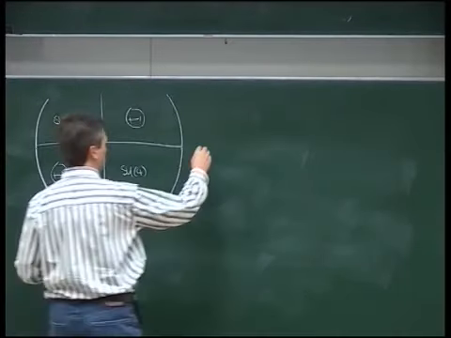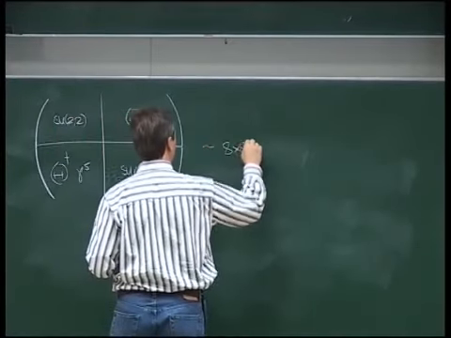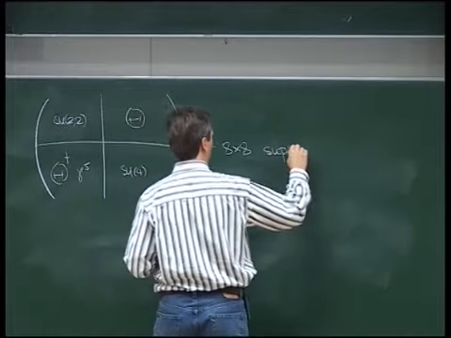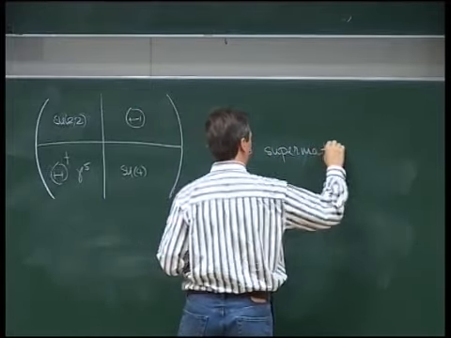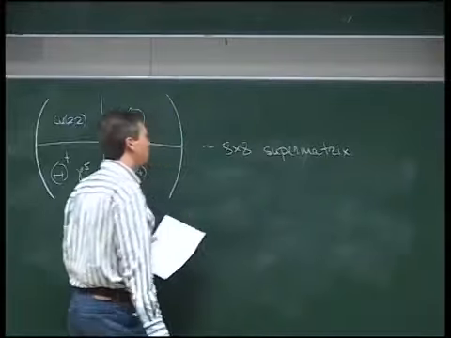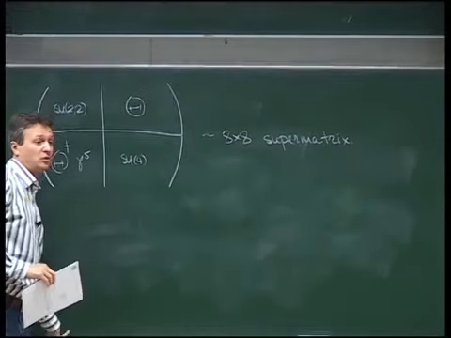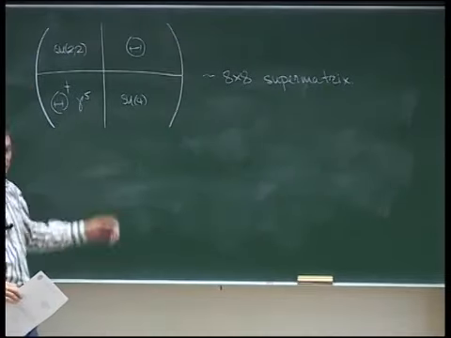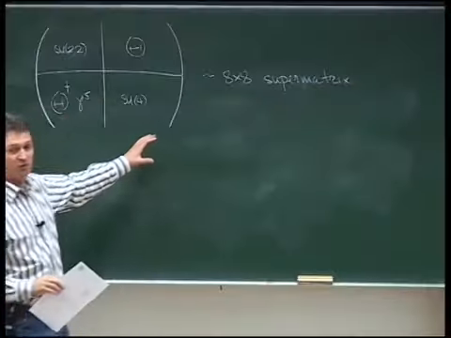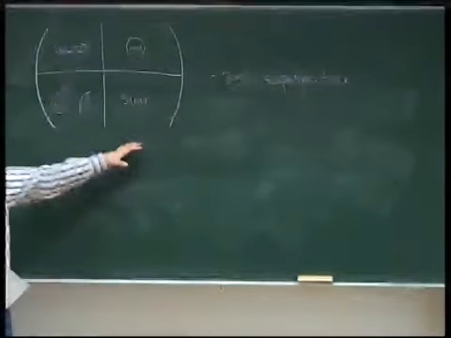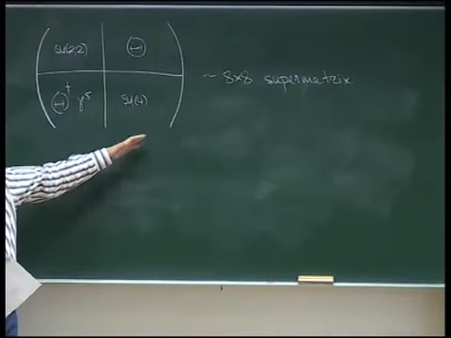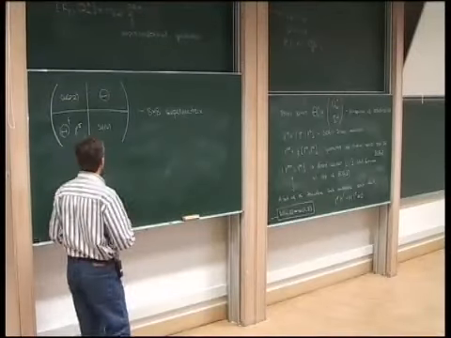So this is an 8x8 supermatrix. And then commutation relations of all the generators just follow from matrix commutation relations of this type of matrices.